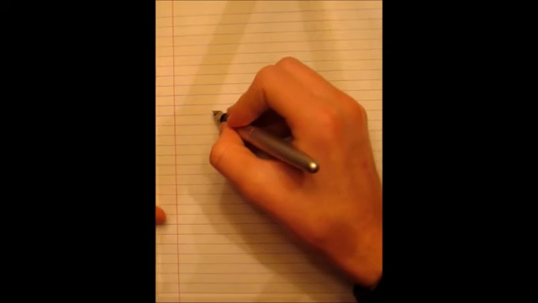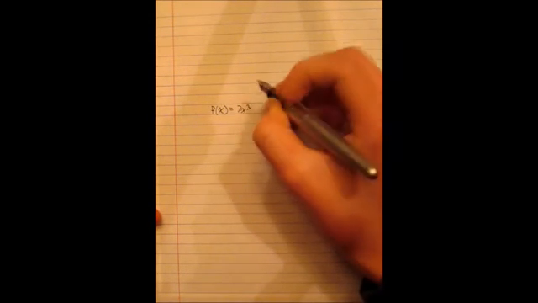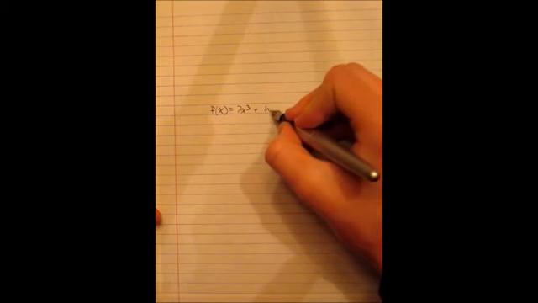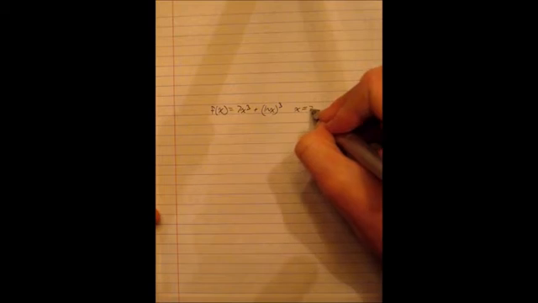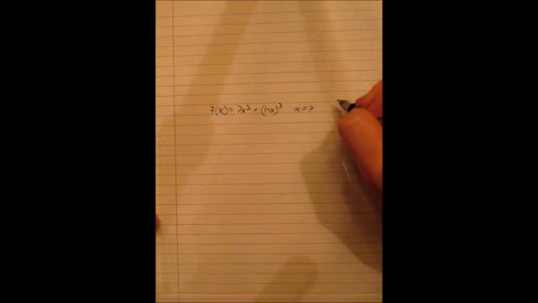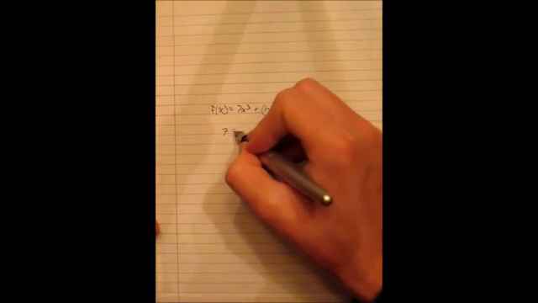Given f of x equals 7x cubed plus natural log of x cubed and x equals 7, find the tangent line of the derivative of the inverse function. First, we must set f inverse equal to 7 and solve for y.